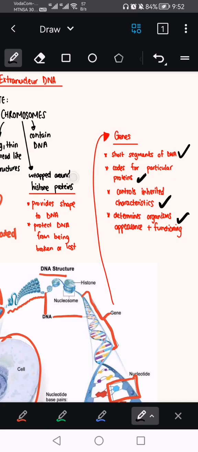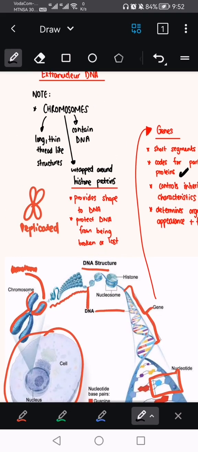So if they ask you to define it, you will say a gene is a short segment of DNA that codes for particular proteins and controls inherited characteristics, thereby determining organisms' appearance and functioning. That is the function of DNA. If you had to define a chromosome, you would say it is a long, thin, thread-like structure that contains DNA and is wrapped around a histone protein.